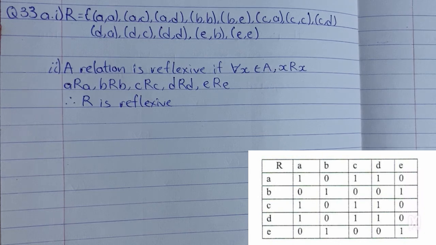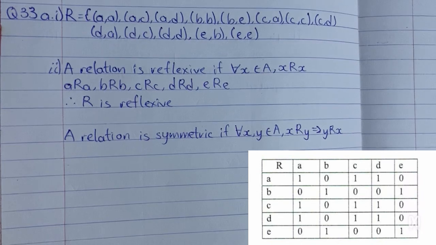Let's now test the symmetric rule. A relation is symmetric if A relates to B, then the reverse is also true. Mathematically, a relation is symmetric if for all x, y belonging to set A, x relates to y implies that y relates to x.